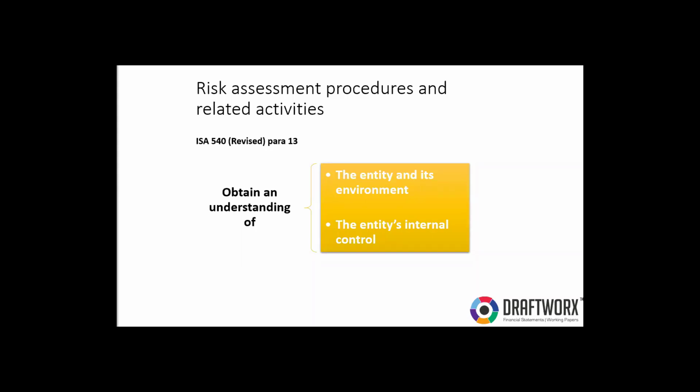But now when you have accounting estimates at the particular entity that you're auditing, you must obtain a proper understanding of the entity and its environment and the internal control as it relates to this particular accounting estimate. You need to obtain this understanding to the extent necessary to provide an appropriate basis for the identification and assessment of risk of material misstatement at financial statement level and assertion level.